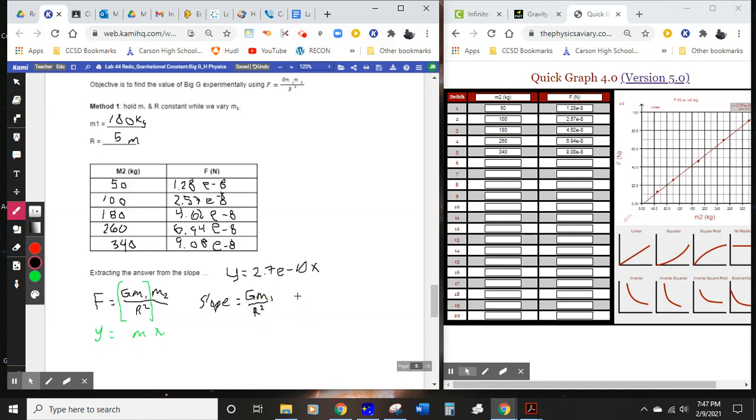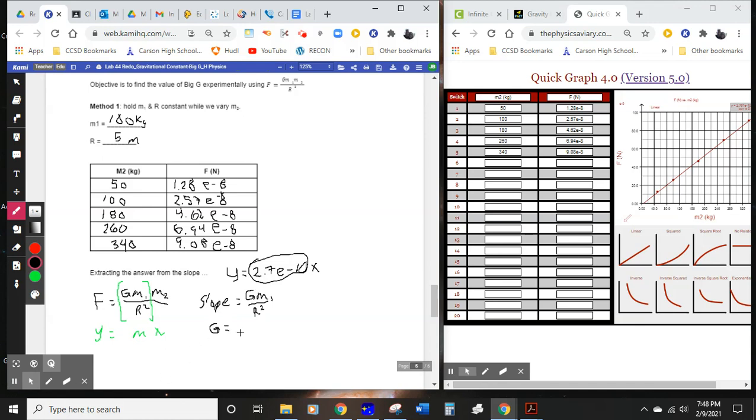So all you have to do now is find the slope here. There's the slope. Plug the slope in here, and M1 is right here. Here's R. Go ahead and plug that in and solve for G. Big G should equal what? Go ahead and solve that for big G.